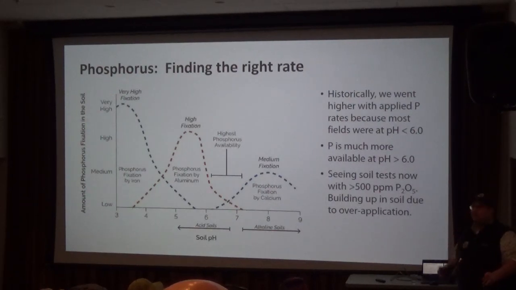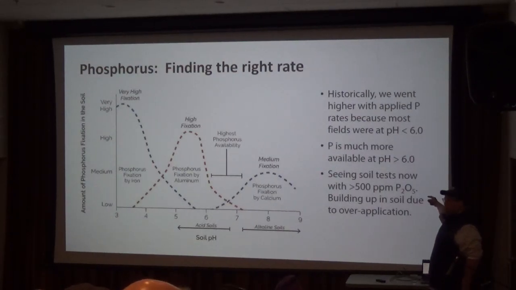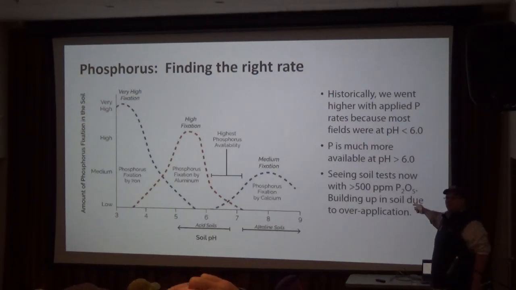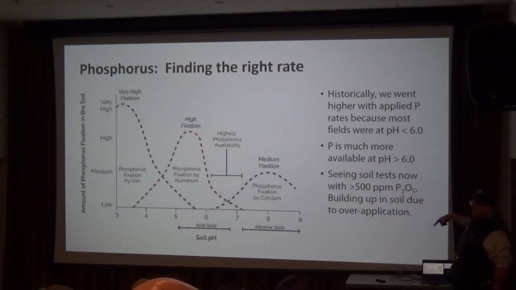They're not directly comparable, but Mehlich 3 is usually about double the A&L number. Still, 500 ppm P2O5 in a 6-inch soil sample is 1,000 pounds an acre of phosphorus. And we only take 80 pounds out with a 400 hundredweight crop. So we are building a lot of phosphorus over the years.